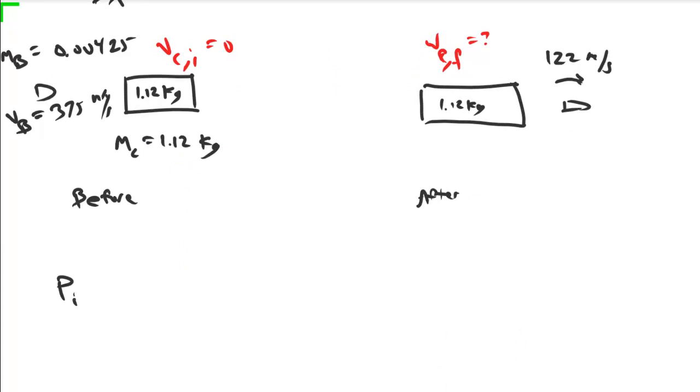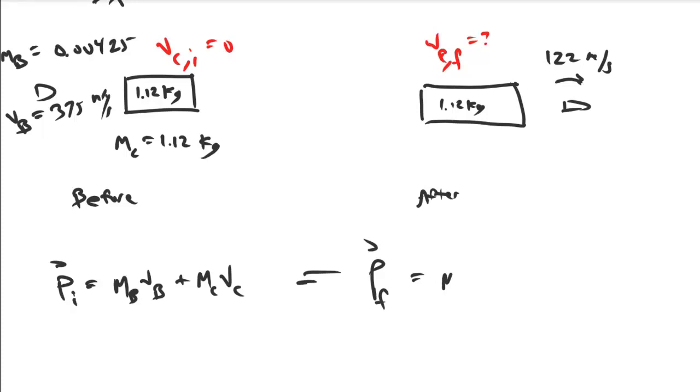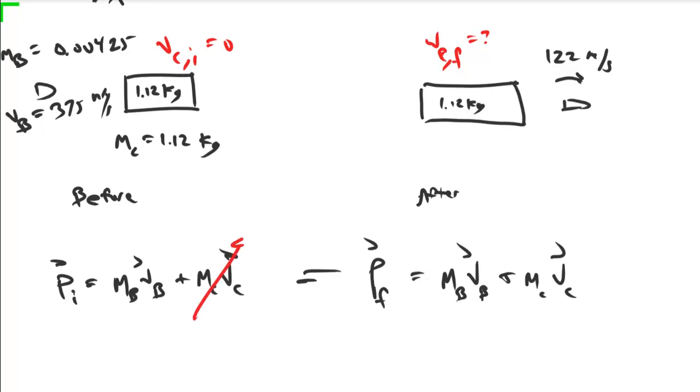Our initial momentum is the mass of the bullet times the velocity of the bullet plus the mass of the crate times the velocity of the crate. This will be equal to the final momentum, the mass of the bullet times the velocity of the bullet plus the mass of the crate times the velocity of the crate. All these velocities are vectors. The initial velocity of the crate was 0, so it simplifies quite a bit.